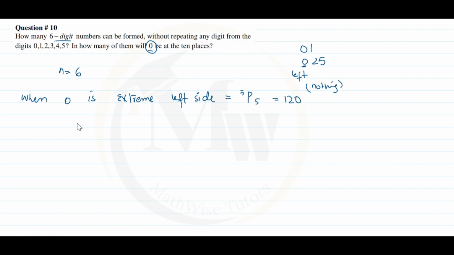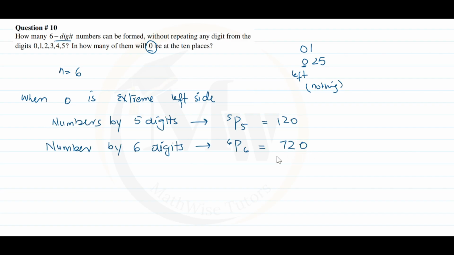But if we don't write the 0 on the extreme left side, so for the numbers which will be formed by the 6 digits, these are the numbers when we use all 6 digits, and these are the numbers when we use only 5 digits. But the 0 is still at the first place. If the 0 is still at the first place, whatever the other 5 digits, it is still a 5-digit number.